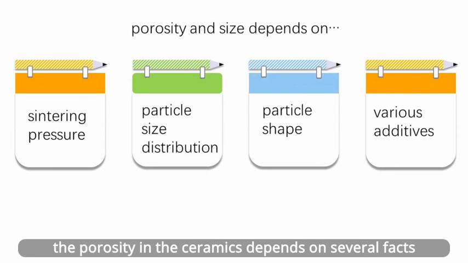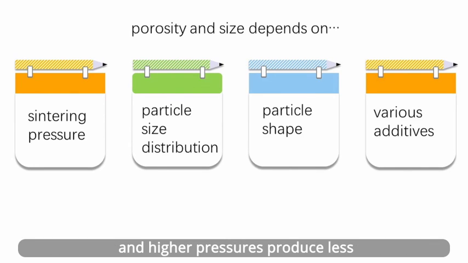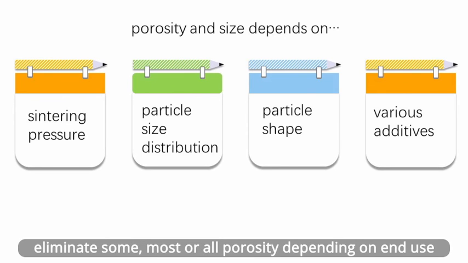The porosity in the ceramics depends on several factors. Low pressure forming methods generate higher porosity, and higher pressures produce less. Therefore, hot pressing sintering is used to eliminate some, most, or all porosity depending on end use.